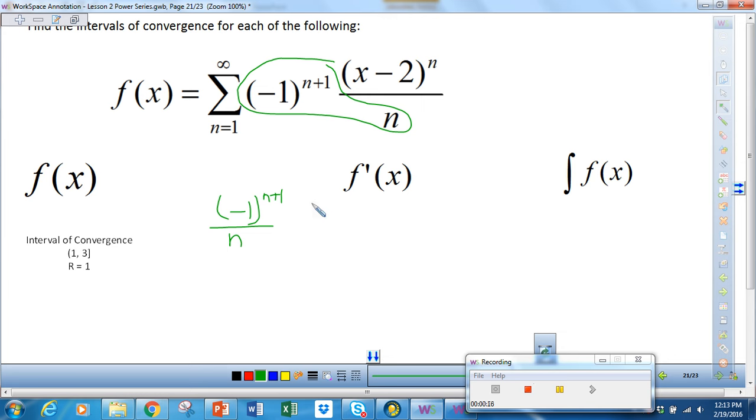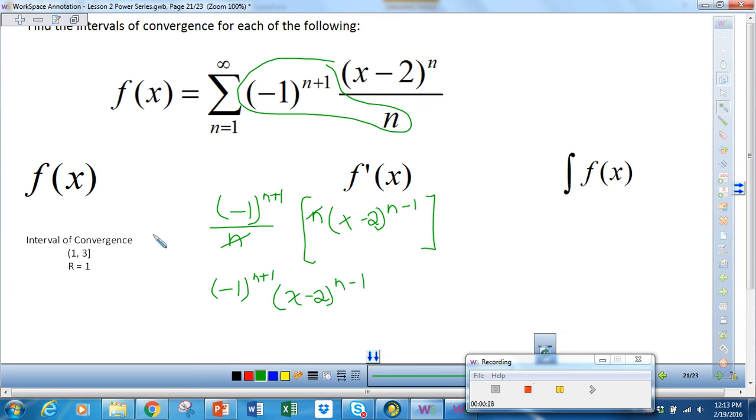So to differentiate this part, I bring down the n, I multiply by the exponent, and then I subtract 1 from the exponent. Now, you can probably see here that the n's will cancel. So I have negative 1 to the n plus 1 times x minus 2 to the n minus 1.